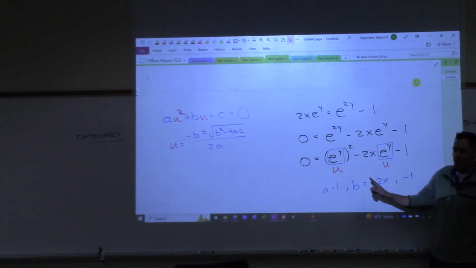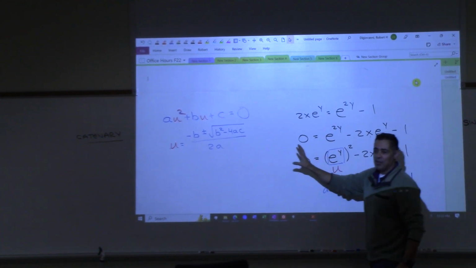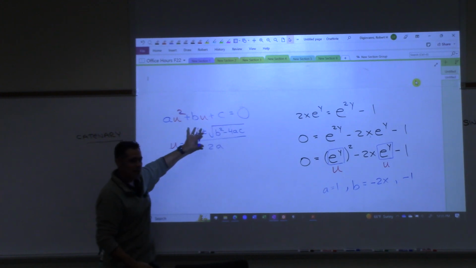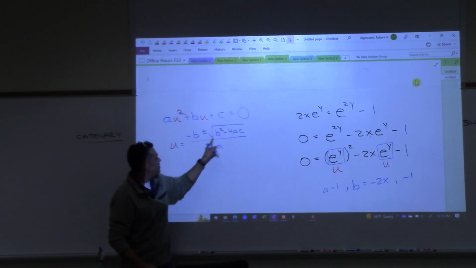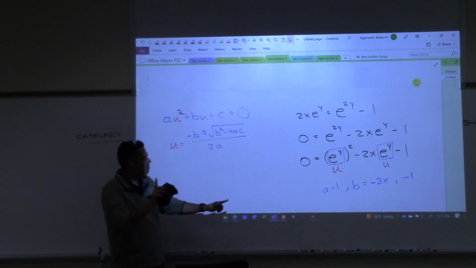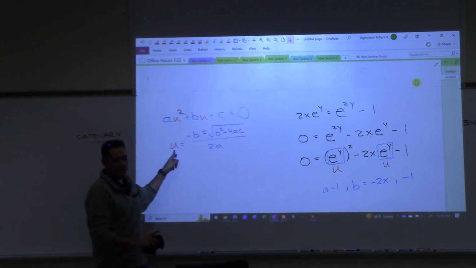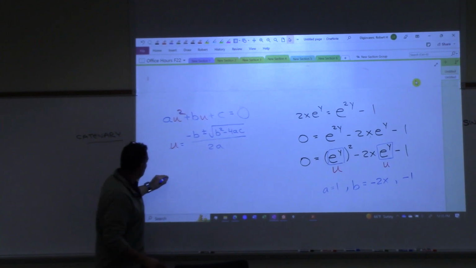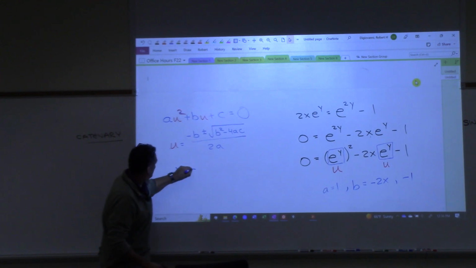Now what I'm going to do is use this formula right here, replacing a, b, and c with those a, b, and c. And one more thing, remember, u for us is not u. What is it? e to the y. So I have e to the y equals negative, what's b for us? 2x.